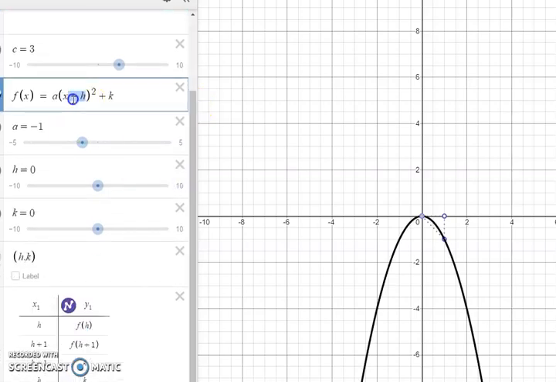H has to be the center of the symmetry because when x is h, that is 0, and then anything on the left side is a negative, and anything on the right side is a positive. So h becomes the new center. K doesn't change anything except move it up if it's positive and down if it's negative. And a, being multiplied, is just like slope, just like you saw with a line.